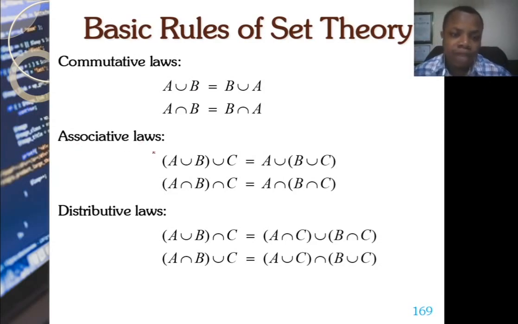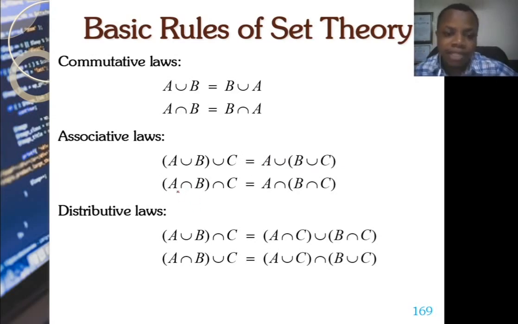We also have the associative law. Remember from the associative law, anytime we have, let's say, a plus b in brackets plus c, it is the same as a plus b plus c in brackets. The same thing happens here once it comes to their union and their intersection. So you can see that A union B in brackets, union C, is the same as A union B union C in brackets.